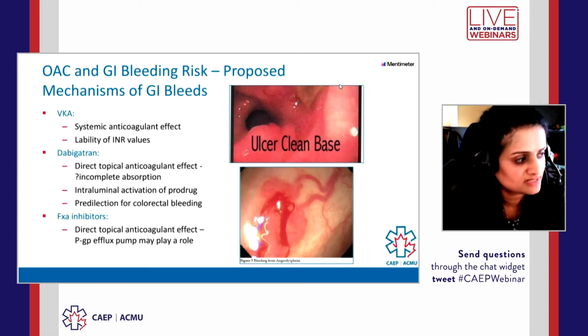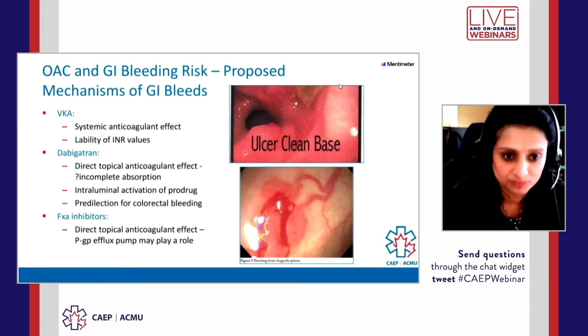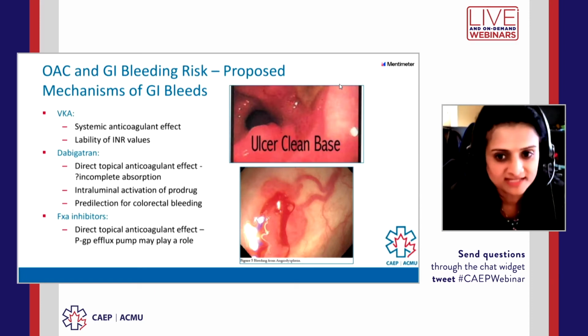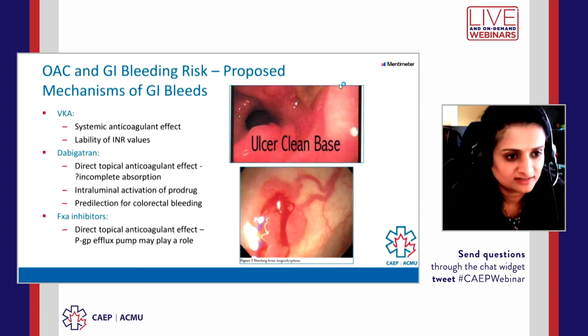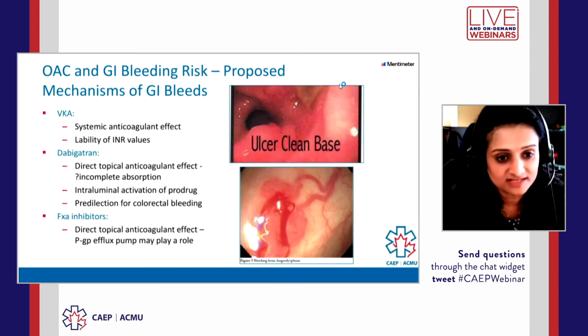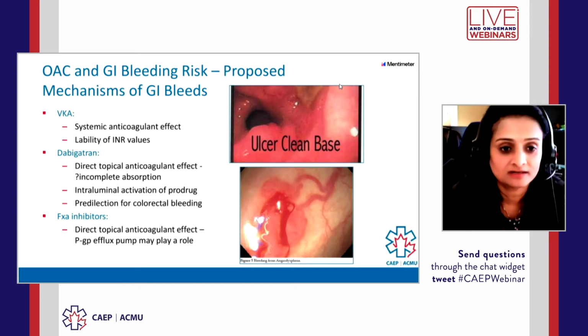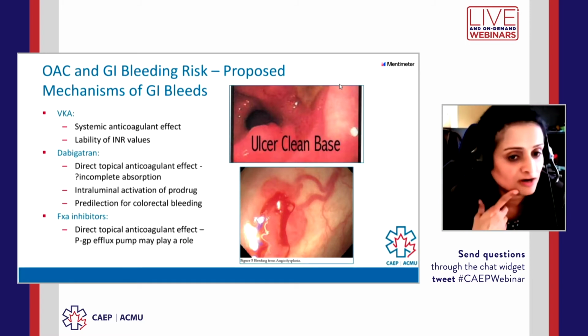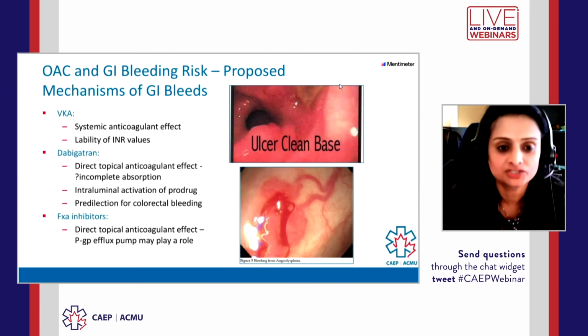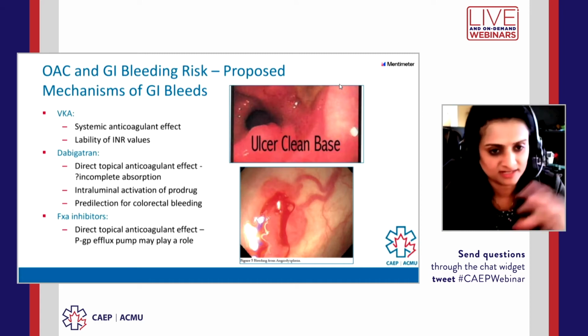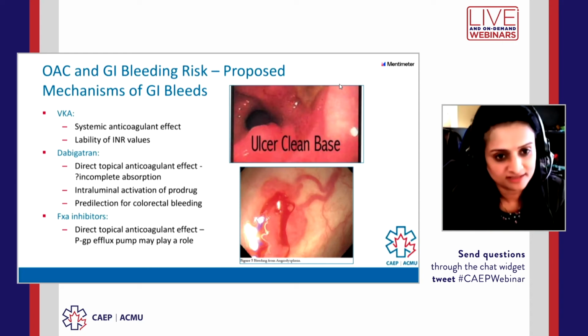With dabigatran, there is an intraluminal activation of a prodrug, because it is a prodrug, and that gets activated within the gastrointestinal system. Whether that's the reason for an increased tendency for GI bleeding, especially with dabigatran, has been a postulated hypothesis, with the likely predilection for colorectal bleeding because it gets broken down in the upper part of the GI tract and then transits down.